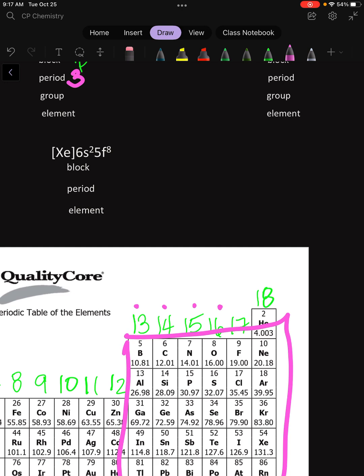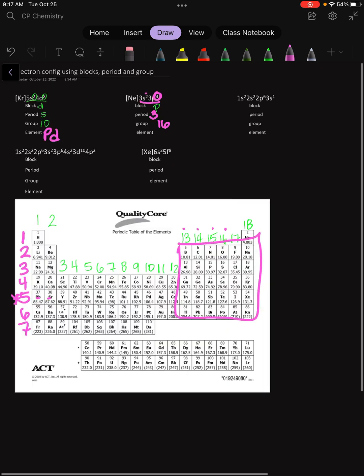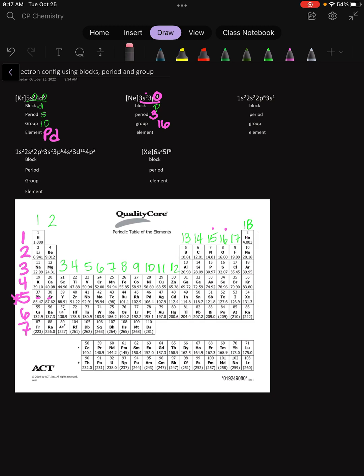So we are in group 16. Knowing that, I'm going to erase some of this. So we are in period 3, group 16. So period 3 is here, and we move across to group 16, which is here. So it's sulfur.